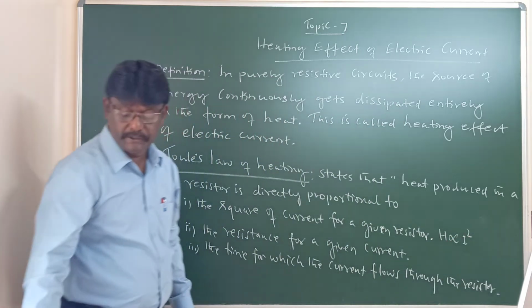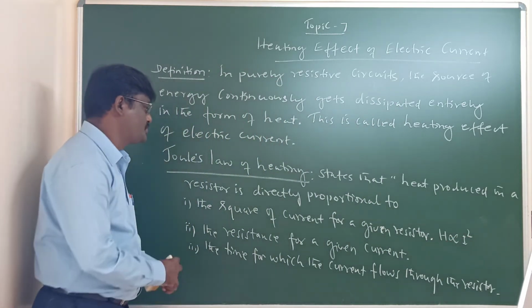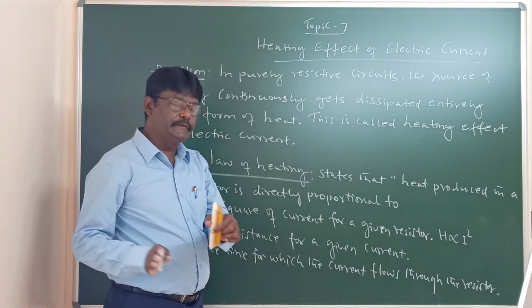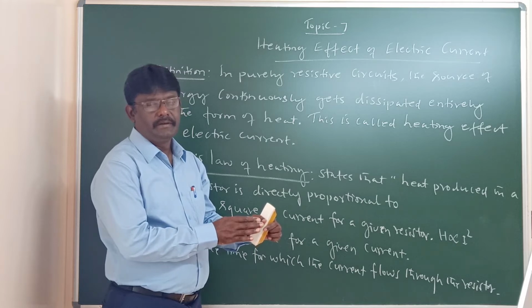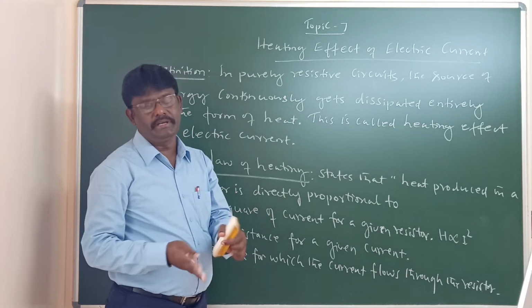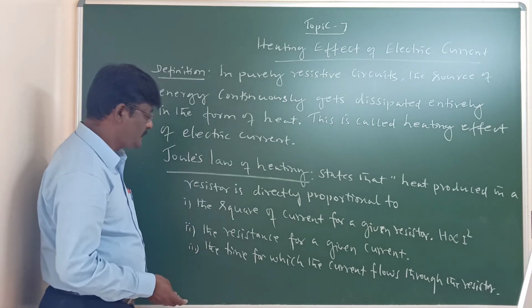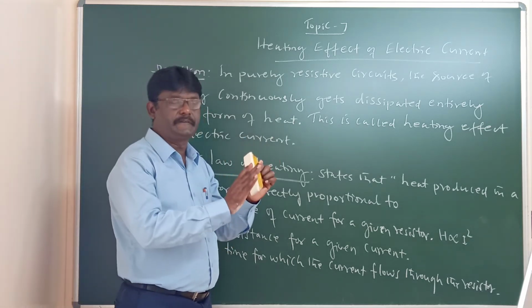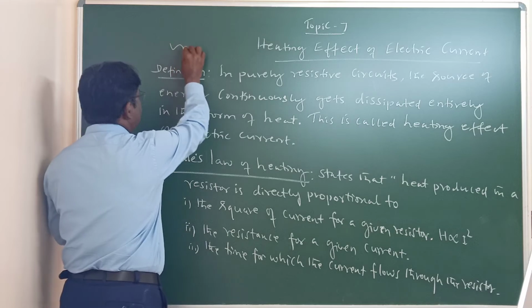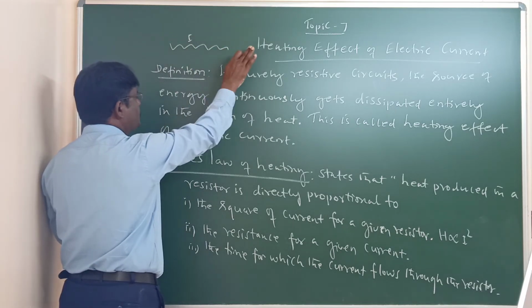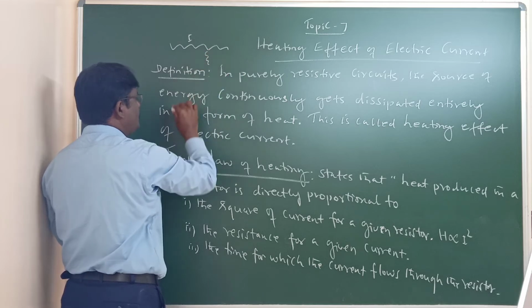Okay, children. So therefore here H is proportional to I square. If the current flows continuously, if more current, more heat will be produced. That's direct proportion. And also, if more resistance, when the current flows through the resistor, then if opposition is there, then we get what?